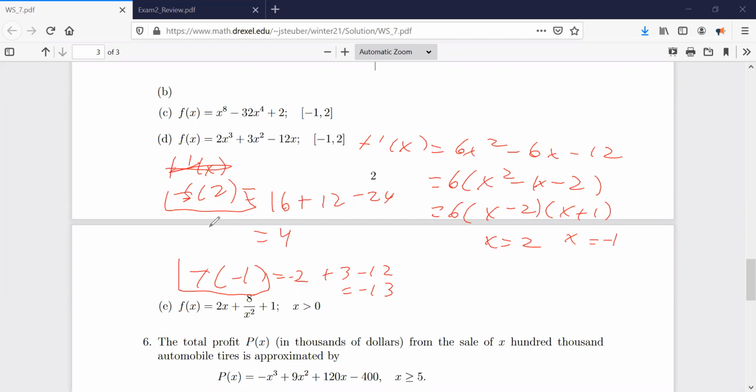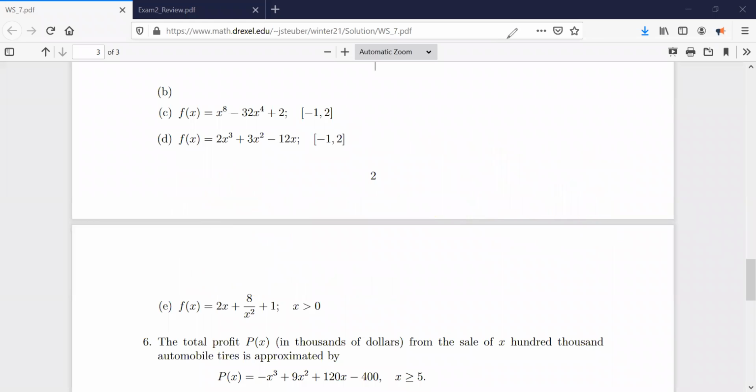And that's because we're on a closed interval. We're not guaranteed that there will be an absolute max or min if we have an open interval, but on a closed interval, we are guaranteed that we will have an absolute max and an absolute min for a continuous function.